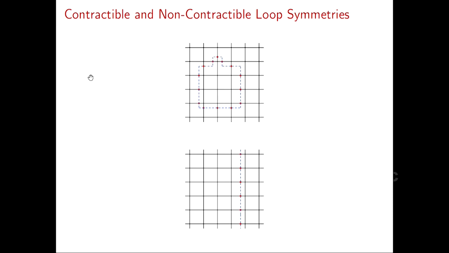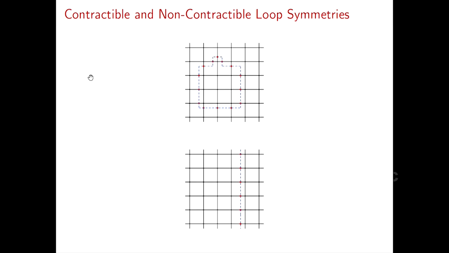I'm not going to go into the details, I'll just show you the final answers. Every loop, whether it's contractible or non-contractible, is going to give you a new state. So unlike the original toric code in the finite group case, in which I only get new states from non-contractible loops, in this example you will get a new state for every loop, including contractible ones.